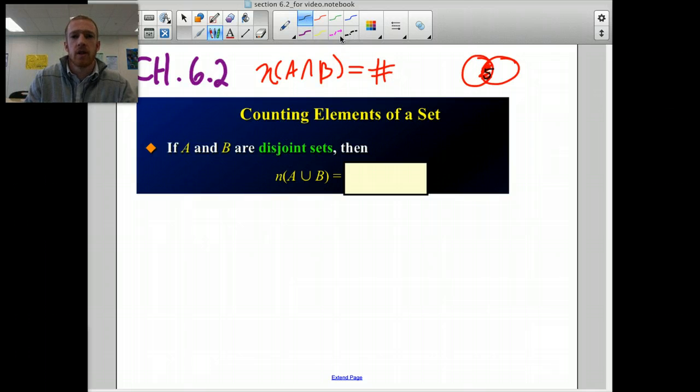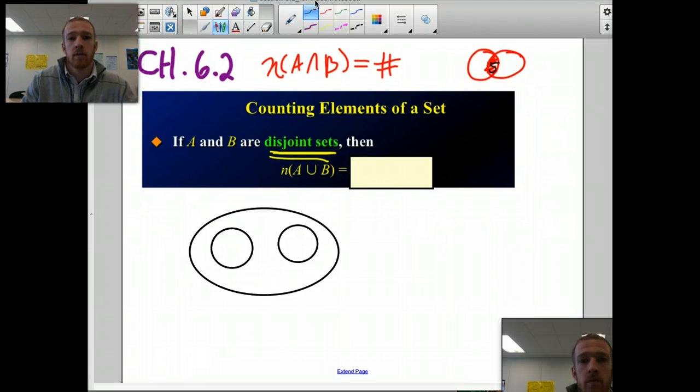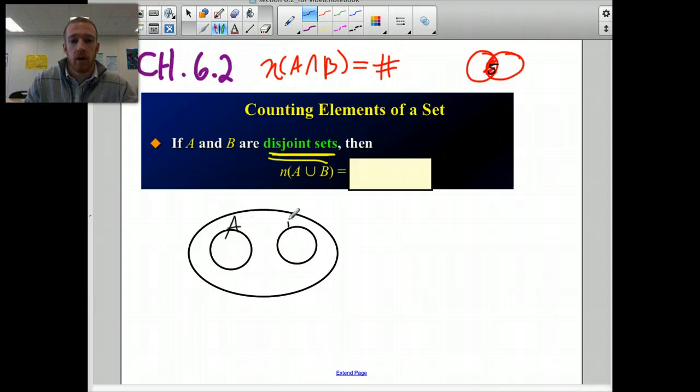So if two sets are disjoint, this is the easy case, but for the sake of completeness, disjoint means that they never even overlap. There's nothing in one set that's in the other. So if I have sets A and B, and there's 5 things in A and 6 things in B, then the number of things in A union B is the number of things in A plus the number of things in B, so that would be 11.